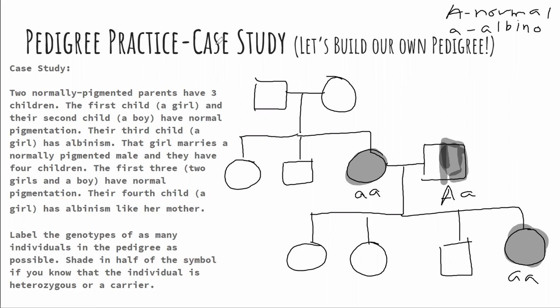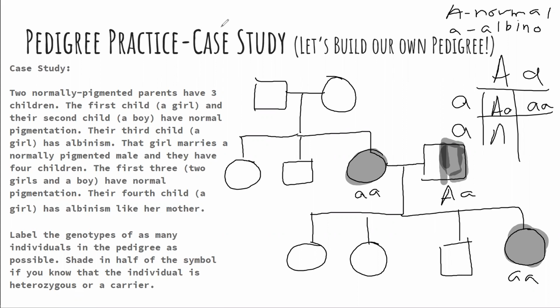And so if we were to do a Punnett square of dad and mom, the only 2 possible genotypes that we get are heterozygous genotypes and homozygous recessive genotypes. And if the child is homozygous recessive, it will be shaded in. They would have albinism. But look, their kids don't have albinism, which means what?